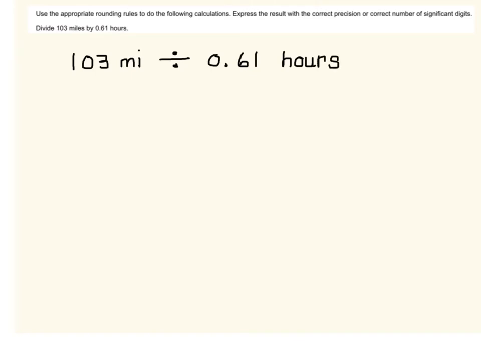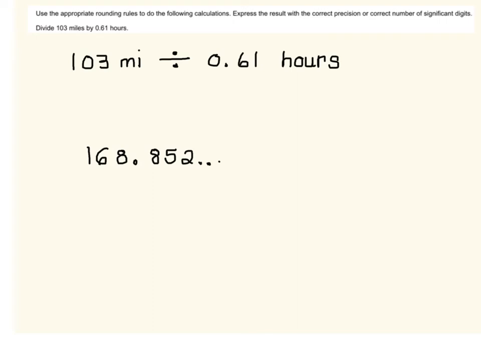So if we do this division, and I'm going to do this over here on the calculator, we can do long division, but let's just work this out. 103 divided by 0.61. What we get in this division is 168.82, and it actually keeps on going, dot, dot, dot.